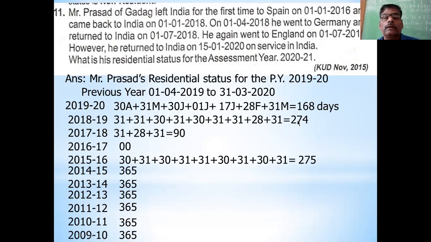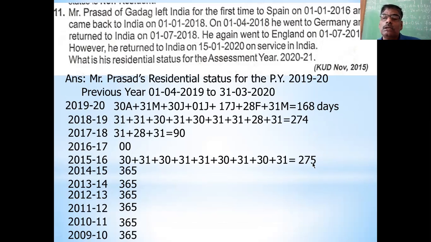You see whether he is in India for 365 days or more. 274, 90. It is nothing but 364. 364 plus 275, more than 500 days. So he is satisfied the second basic condition.